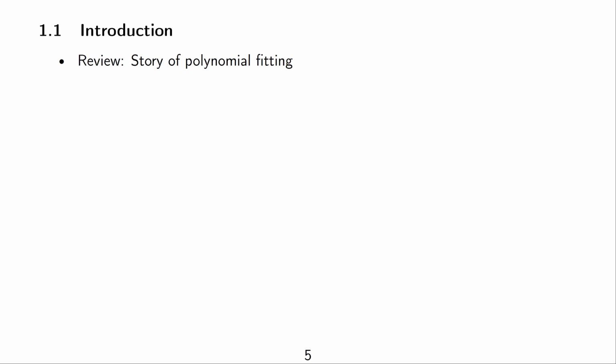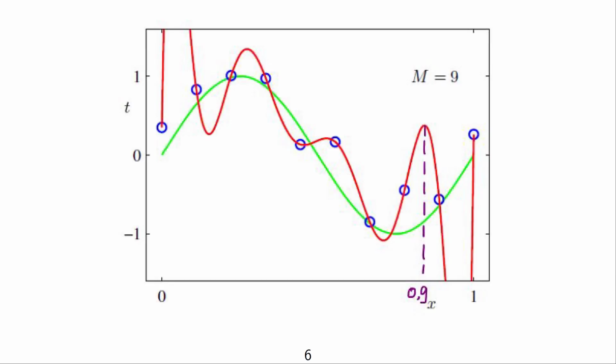We're going to review the story of polynomial fitting just as an aspirational thing before we look at regularization. This is the story you've heard in a basic machine learning class, where the problem was to fit a function to these given blue points, shown as circles here.